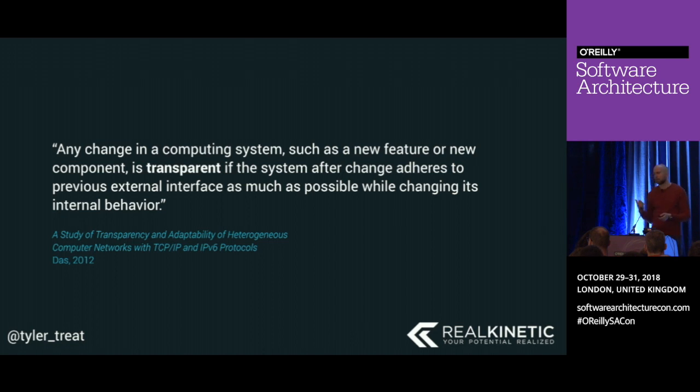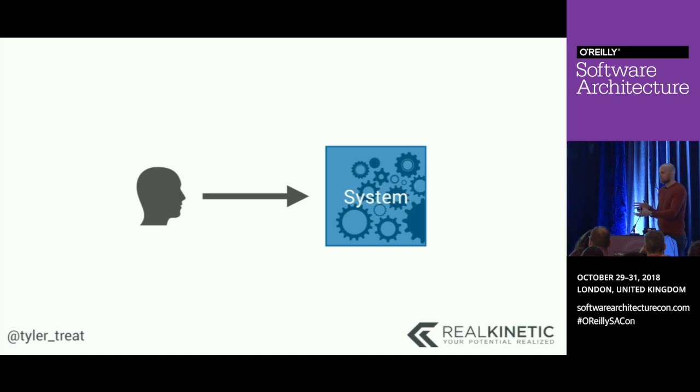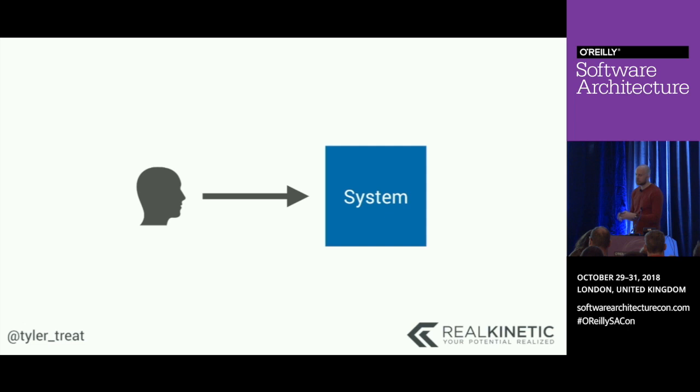Programmers might know this better as an abstraction. The idea is we have a system, it has some inner workings, some inner mechanics, and we're able to change those without affecting the user.